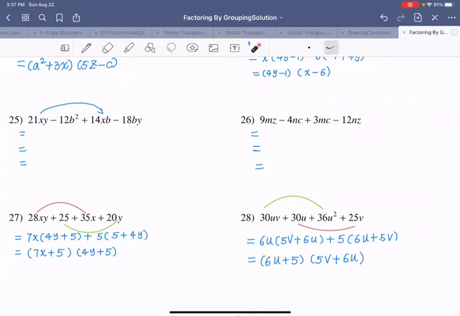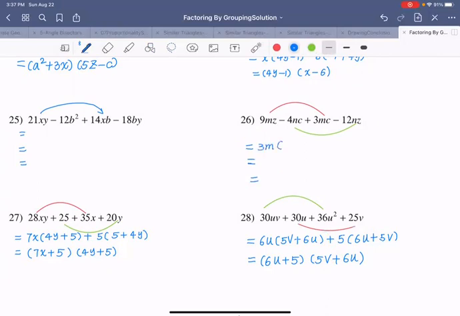So 9, so 3m. So basically you are doing these two terms, right? And then you do these two terms. All right, so go ahead. 9mz and 3mc, you take 3m, right?